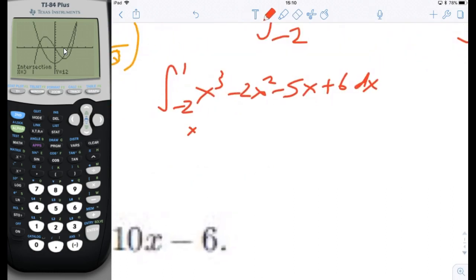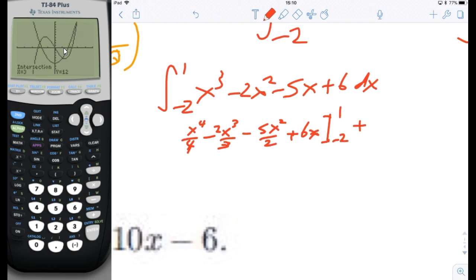It's going to be x to the 4th over 4 minus x cubed divided by 3 times -2 on top. Then minus 5x squared divided by 2 plus 6x. And then I'm going to take the definite integral from -2 to 1.